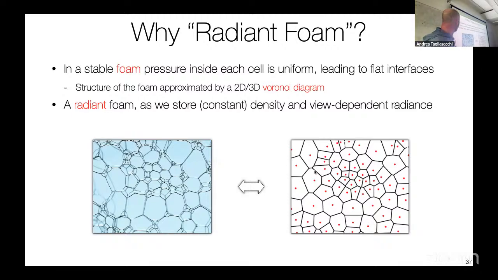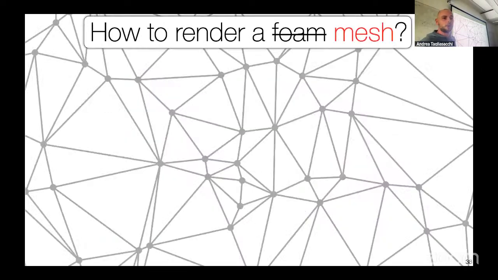So now what you have to ask yourself is, how do you render? Let's start from a mesh, not from a foam. How do I render this efficiently? We'll see later that this representation can be rendered at hundreds of frames per second, even without requiring any CUDA acceleration. So how is that possible?